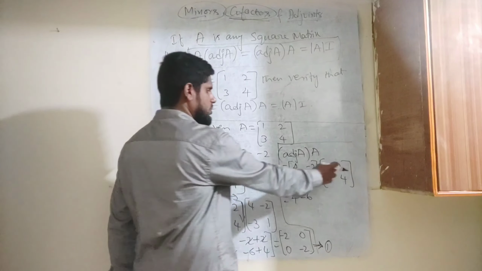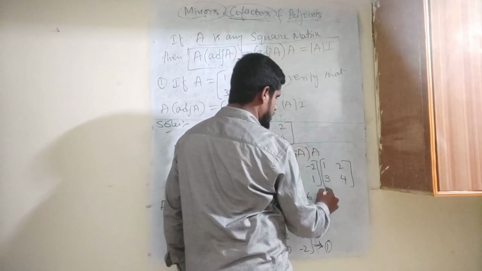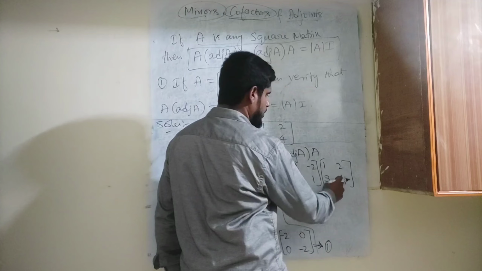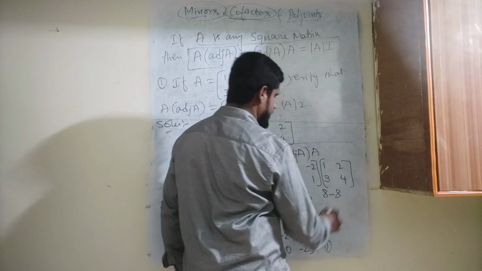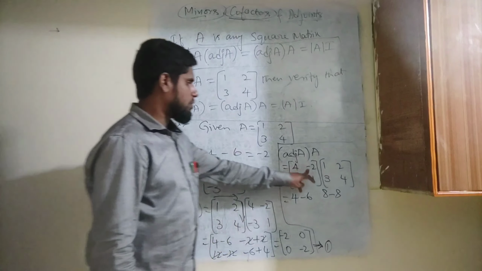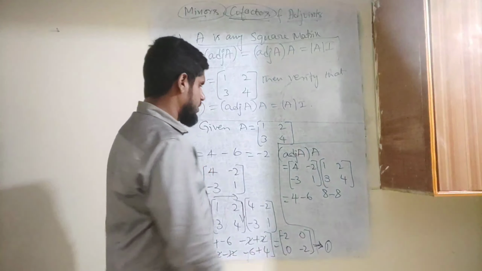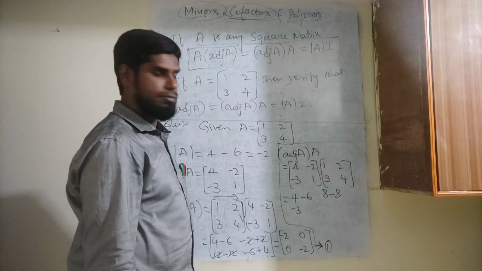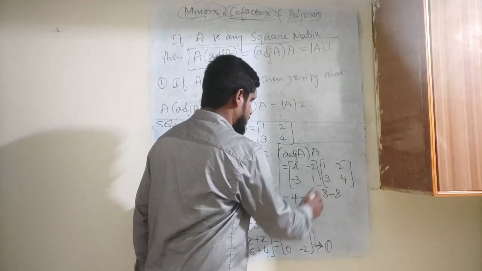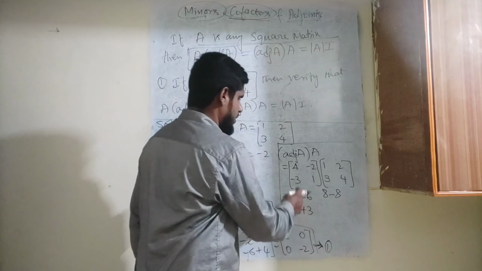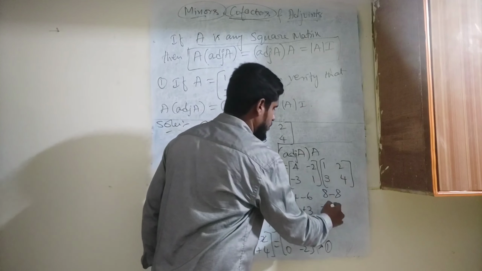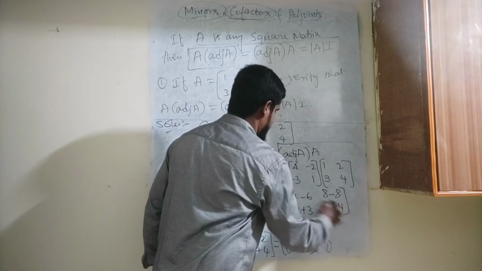Next, first row, second column: 4 into 2 is 8, minus 2 into 4 is minus 8. Next, minus 3 into 1 is minus 3, 3 into 1 is plus 3. Next, minus 3 into 2 is minus 6, 1 into 4 is plus 4.